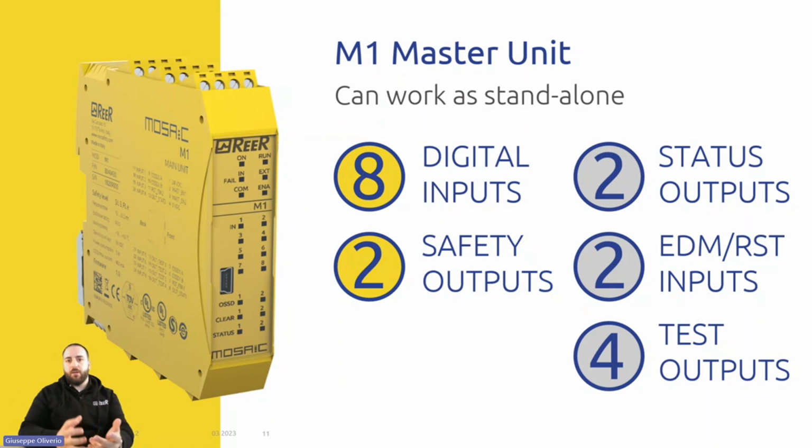So instead of using the OSSD and spending more time with the software to change the behavior of a safety output, we have 4 dedicated test outputs. The test outputs are special trigger outputs with a 24-volt signal that are used in order to detect the presence of a short circuit in the electromechanical contacts.